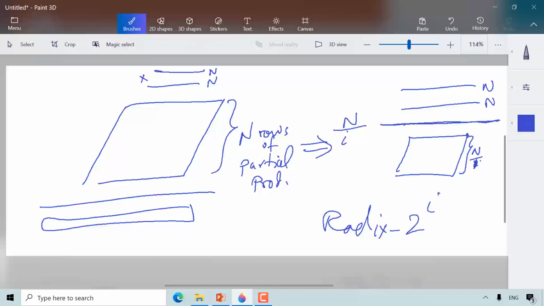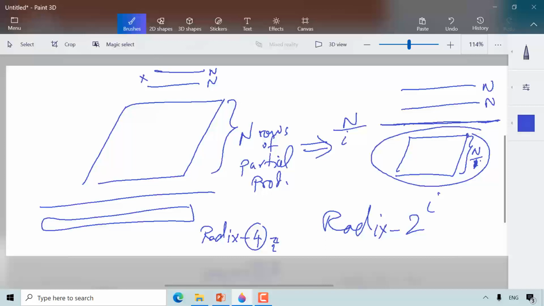So basically, if I use Radix 4, and 4 here is 2 to the 2, it means I can reduce the number of rows by half, which is good, because what is really slowing the process is these number of rows. So instead of adding 16 rows, if I can add 8 rows, it will be good. If I just need to add only 4 rows, it will be even better.